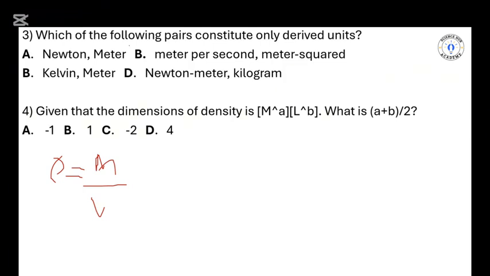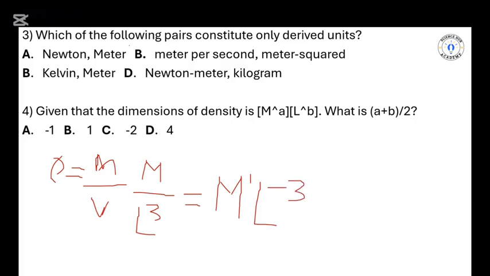What is the dimension for mass? That is M. The dimension for volume is the product of three lengths, so it's going to be L to the power 3. We bring the L to the power 3 to the numerator as well. This is M to the power 1, L to the power negative 3, from indices.